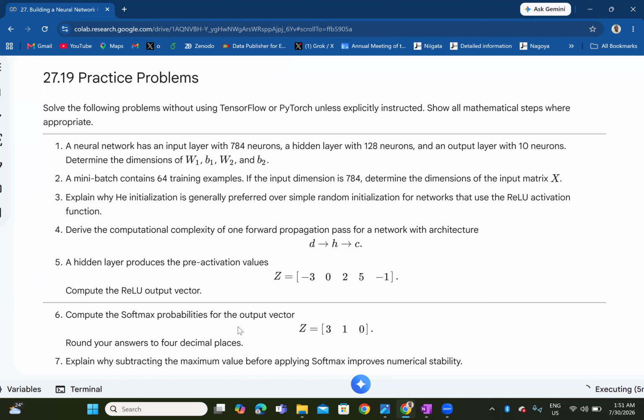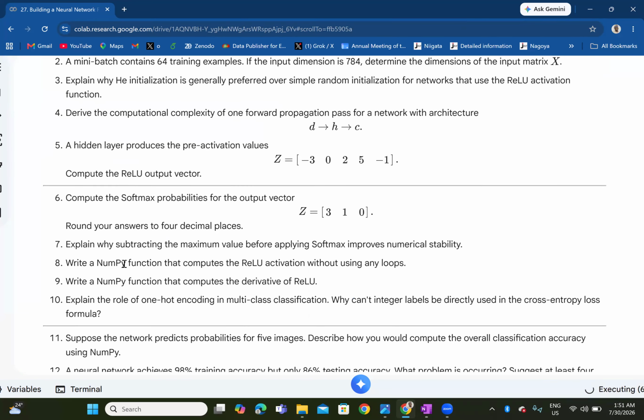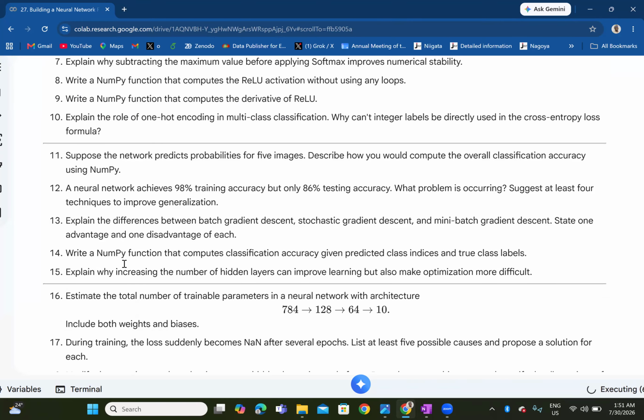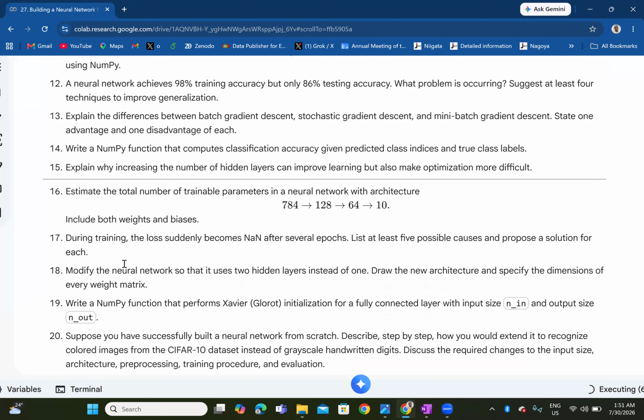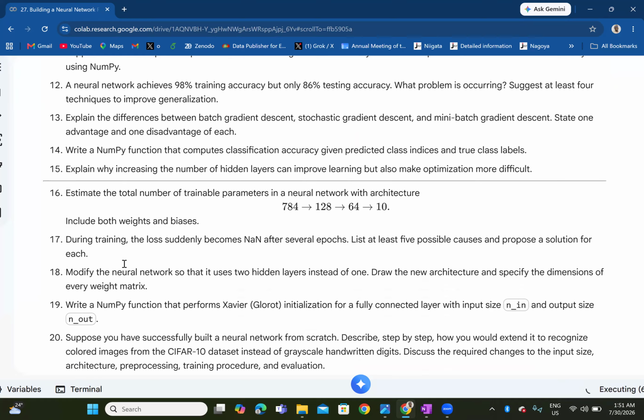I'll be taking care of this question 5. A CNN layer uses 64 filters. Is that question 5? Let me see. Then there's 17 also.